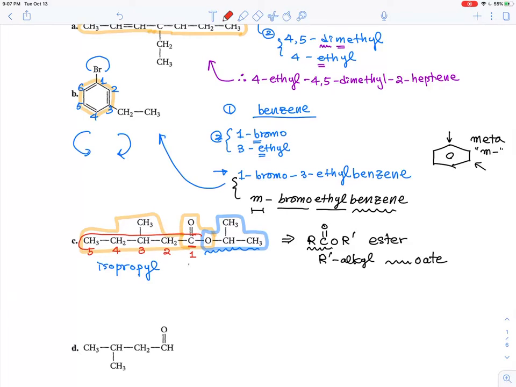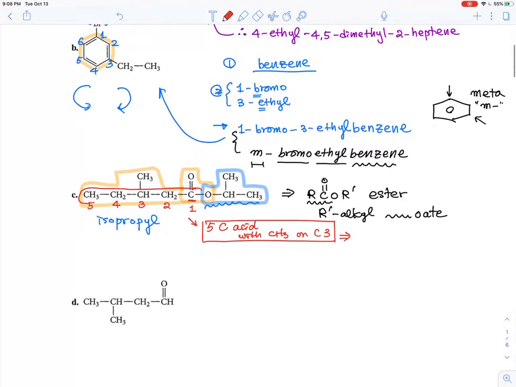And then what you can say in your mind is, okay, a 5 carbon acid with a methyl on carbon 3. So how do you put this in the nomenclature language?